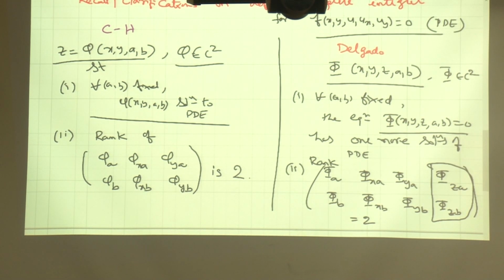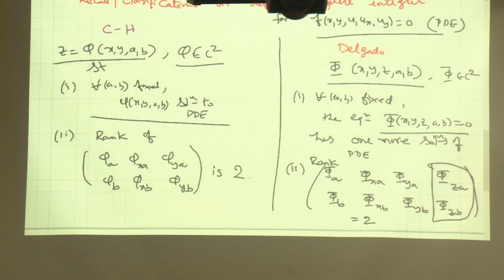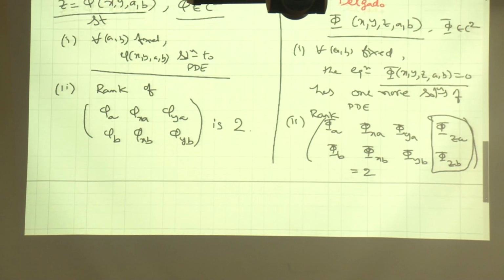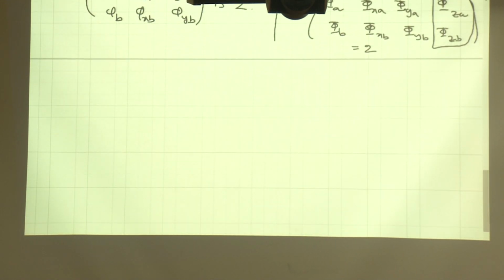Those are theorems 1 and 2 written in full glory with all details, exactly how you should apply the implicit function theorem, inverse function theorem and all that. This is for you to read when you have already studied the inverse and implicit function theorems. Is that okay? I thought of doing it, but then I will not do it. So once we have this comparison, everything is fine. We'll come back to Delgado when we do that chapter.